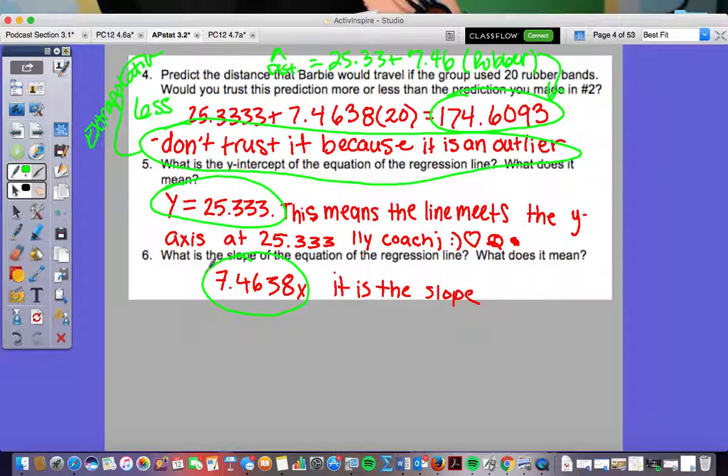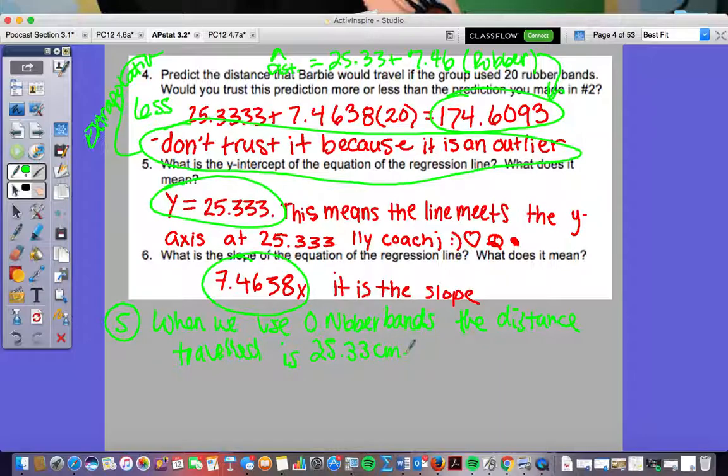So again, I'll write it down just so you can see. I'm going to put number 5 down here. When we use 0 rubber bands, the distance traveled is 25.33 centimeters.